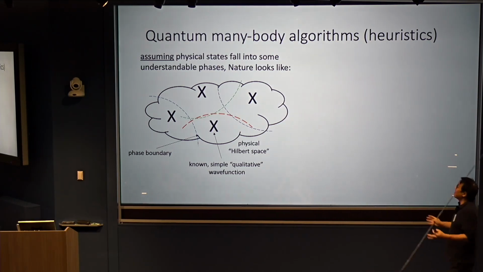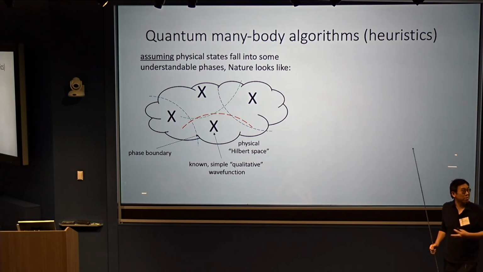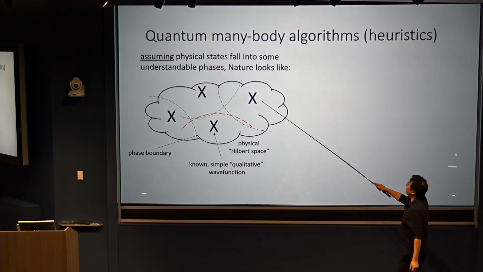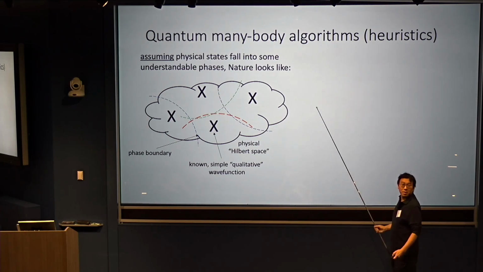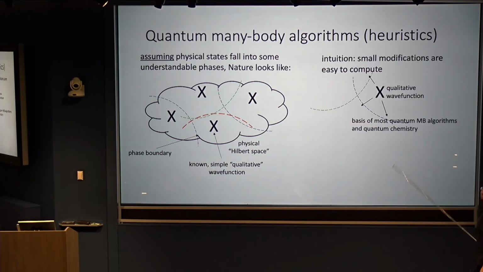And if we now have this setup, then one can begin thinking about a quantitative computational theory of not just this very simple point in the phase space, but a little bit away from it. And so essentially, the way in which many computational algorithms work is they start from this qualitatively correct description of the wave function, and they just nudge it and push it so that you can describe quantitatively the materials in this region of the phase space.